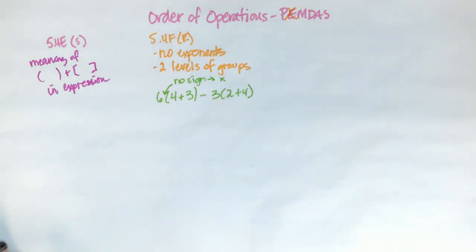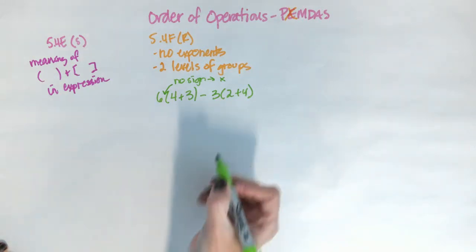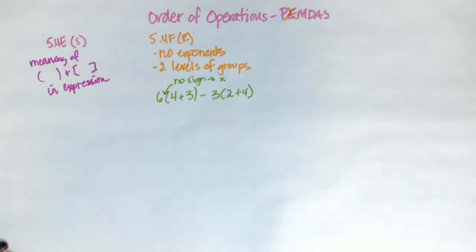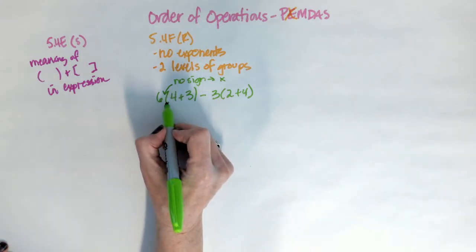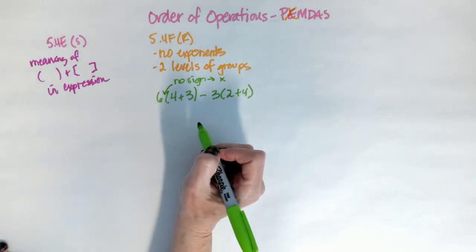They forget that every time, and they would want to write 67 as the answer to this, or 36. So you want to make sure we're teaching that if there's no sign between a number and a parentheses, it means I'm going to multiply.